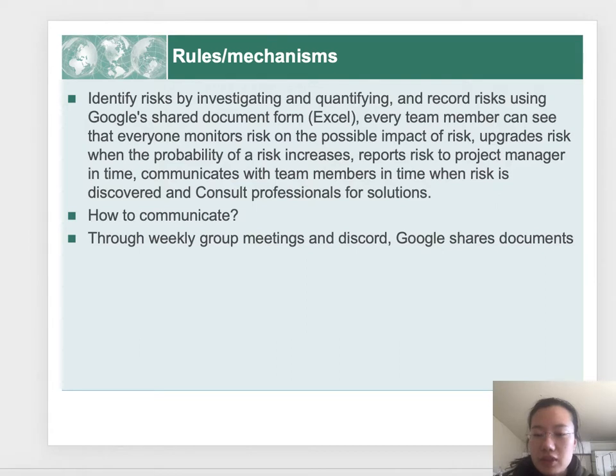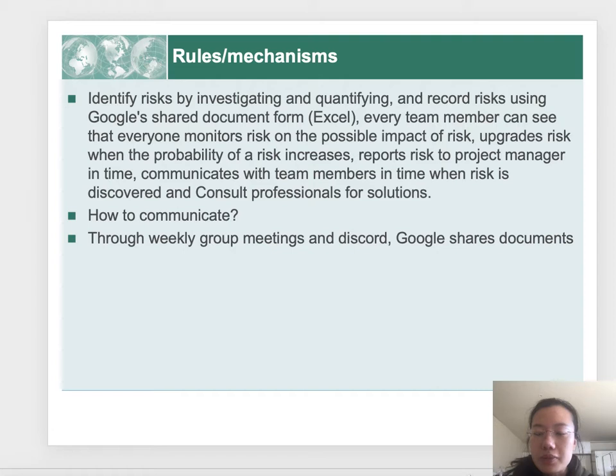We identify risks by investigating and quantifying, and record risks using a Google shared document form. Every team member can see it. Everyone monitors risk and the possible impact of risks, and upgrades risk.